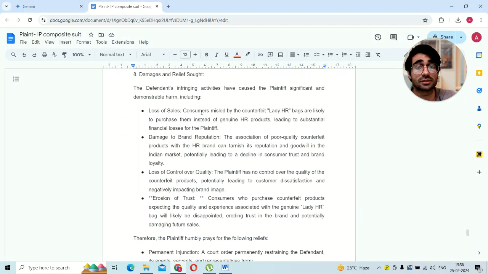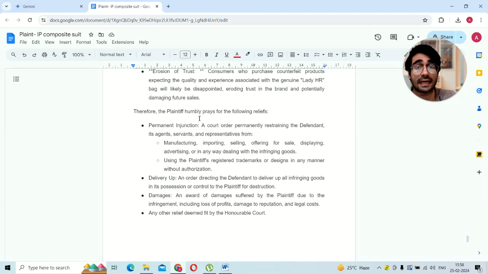What are the reliefs sought? This was again Bard. And prayer. So prayer also I had specified in the initial information that Bard had asked me.